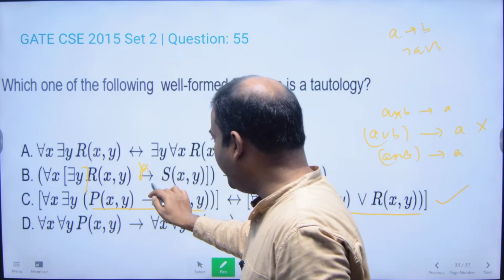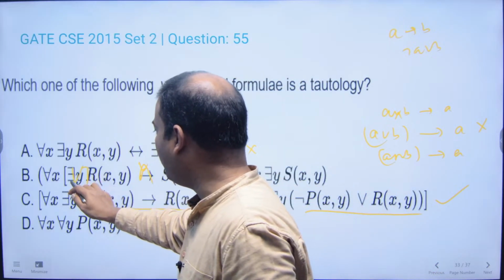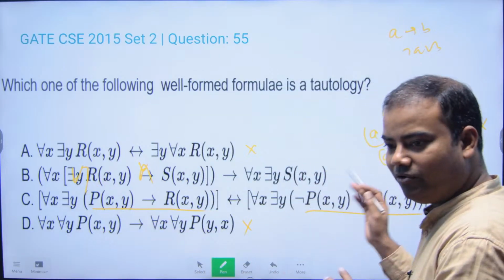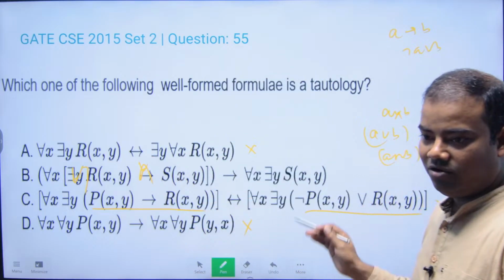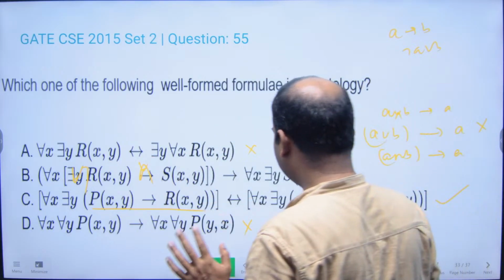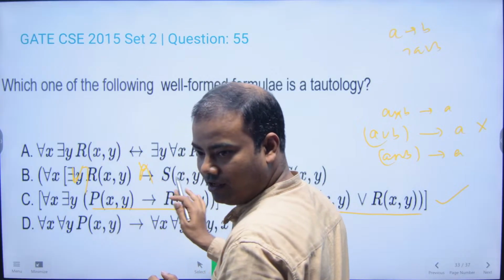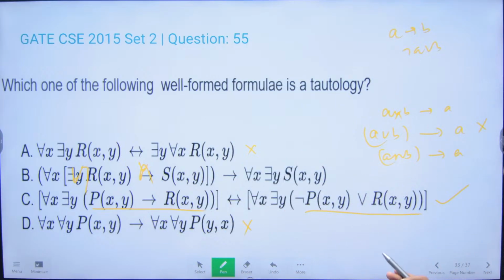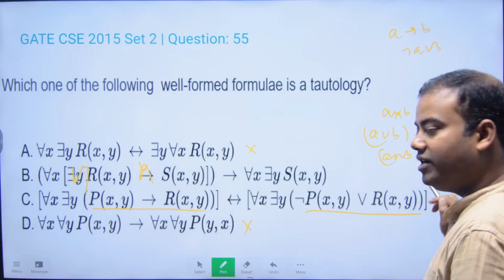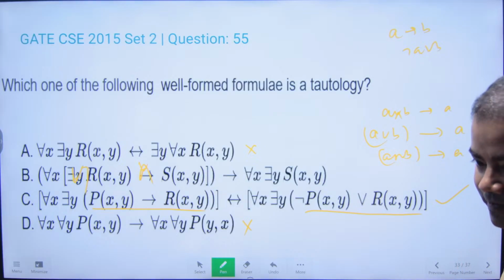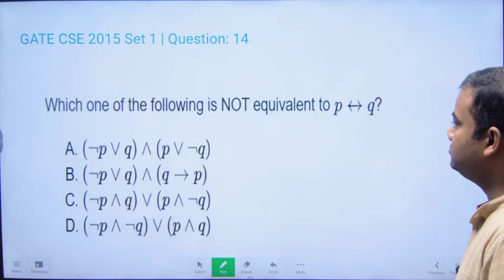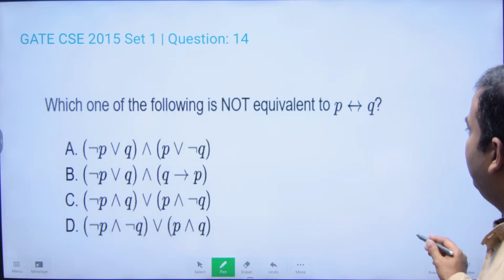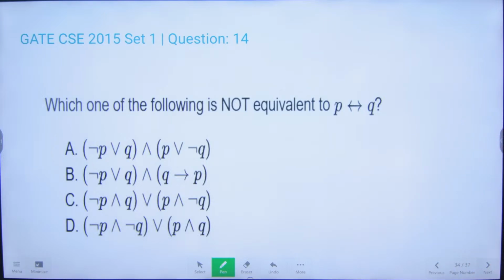But if there is and, and here it is for all, then definitely you can conclude. It is not that R is not here, so you cannot say. And one more thing, here it is not equal, here it is implies. So you have to be careful sometimes. In this question, definitely this is the correct one. Okay? Clear? Now tell me about this. This I think you can do.